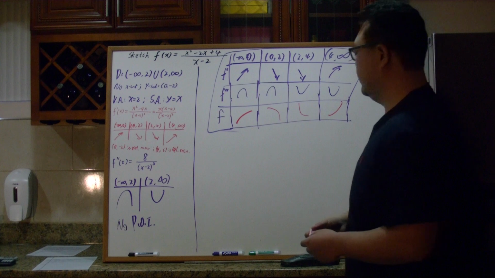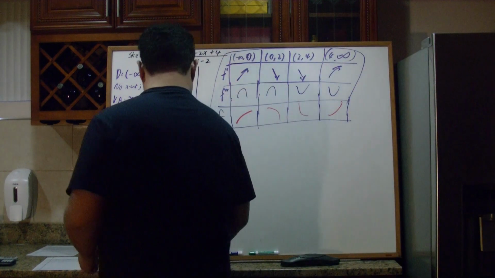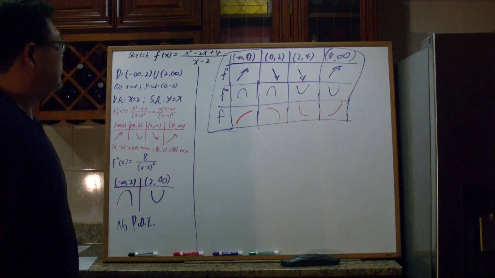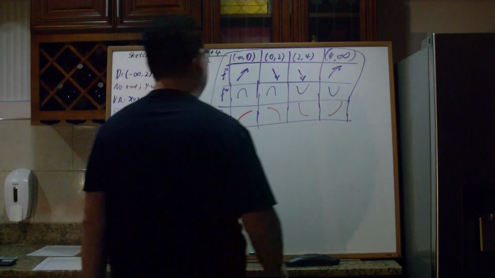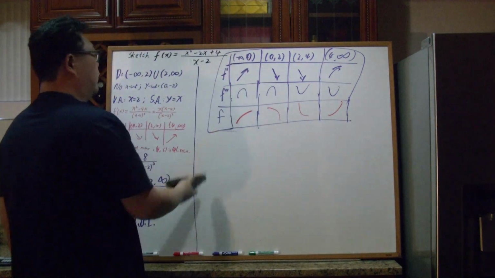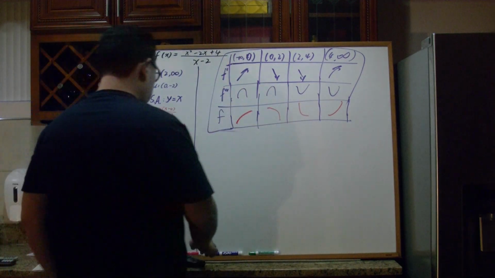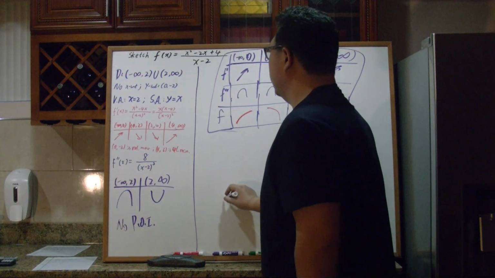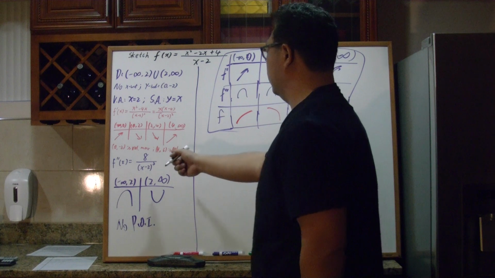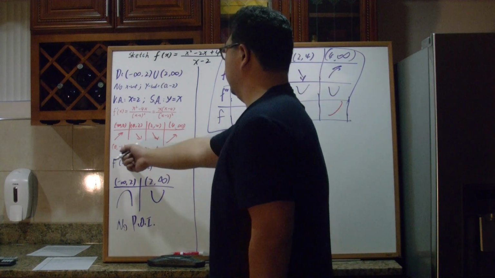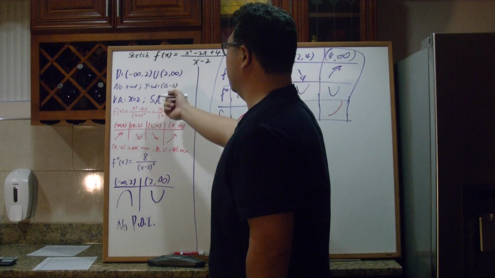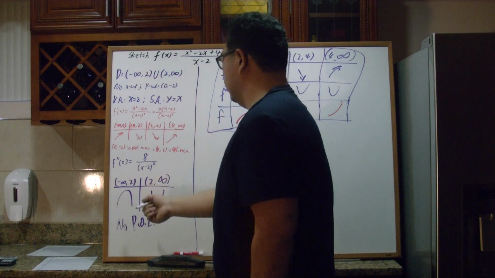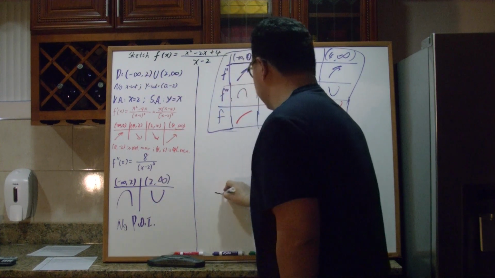Right, that's our table. So to draw the picture, we have the points 0, 4, negative 2, 2, and no point of inflection.